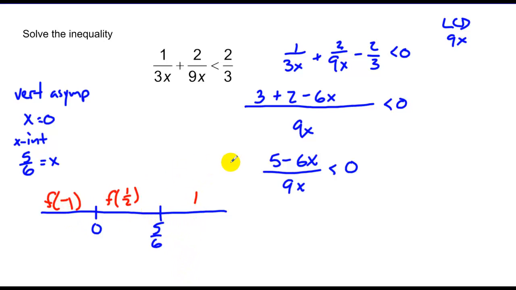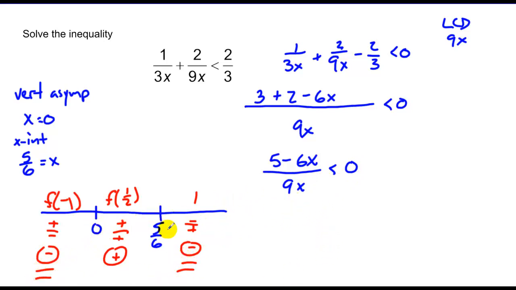Plugging -1 in to this term here, I'm going to get a positive over a negative, which is a negative. Plugging a half in, that gives me a positive over a positive, which is a positive. And then plugging 1 in, I get a negative over a positive, which is a negative. And I'm looking for values that are less than 0. So that's this one here and this one here.